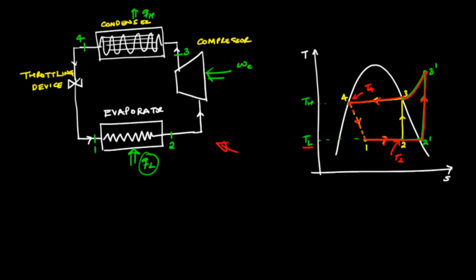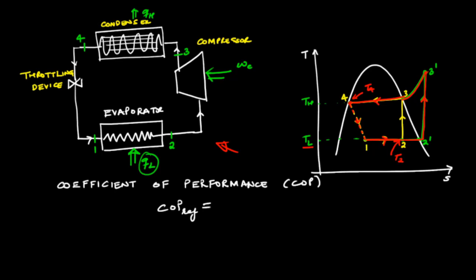The measure of performance of a refrigerator we've already seen is given in terms of the coefficient of performance, that is COP, and we've seen earlier that COP is defined as the heat that is absorbed by the refrigerator, that is in the evaporator section, divided by the work input to the compressor.